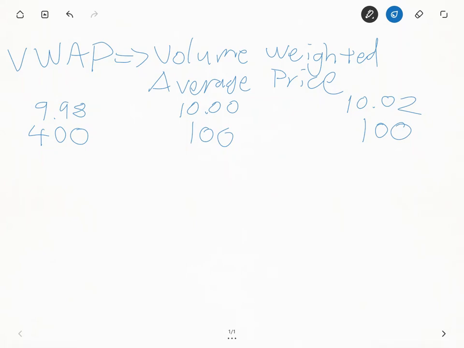What would be the volume-weighted average price? Now, hopefully you can see, again, just by looking at this, that the VWAP would be below 10 because of this 400.